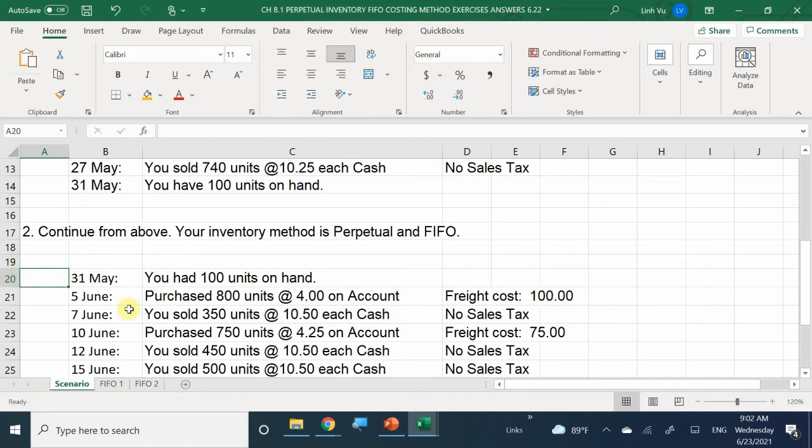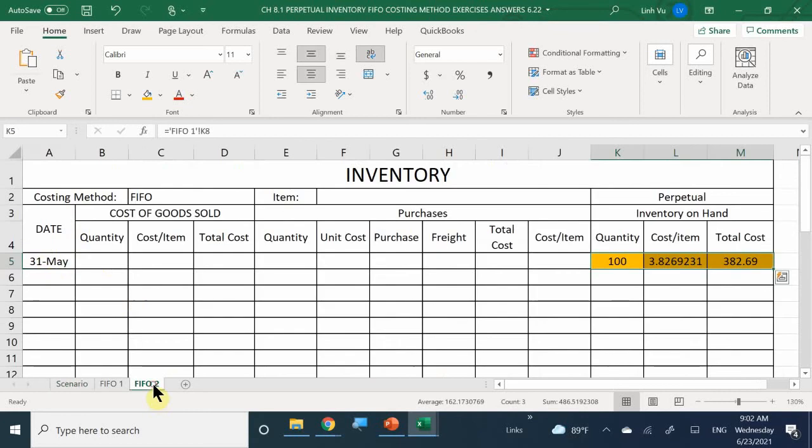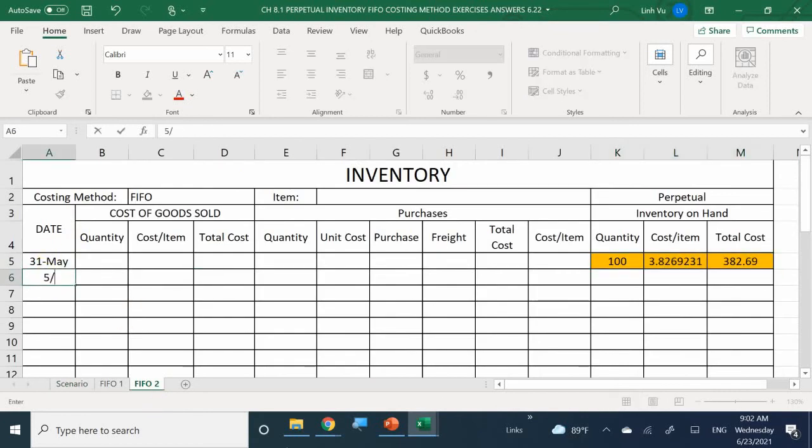We're not dealing with our cost of goods sold section, so we can move along into our middle section, which is our purchases. Our first purchase that we made was 800 units at $4 with a freight costing $100.